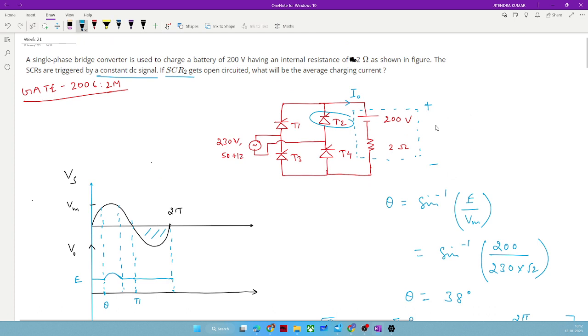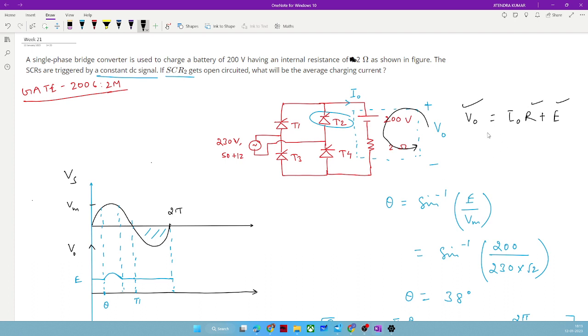So here V naught we calculated, and if we apply KVL in this loop, V naught will be I naught R plus E. We calculated V naught. E was given in the problem. R is also given in the problem.